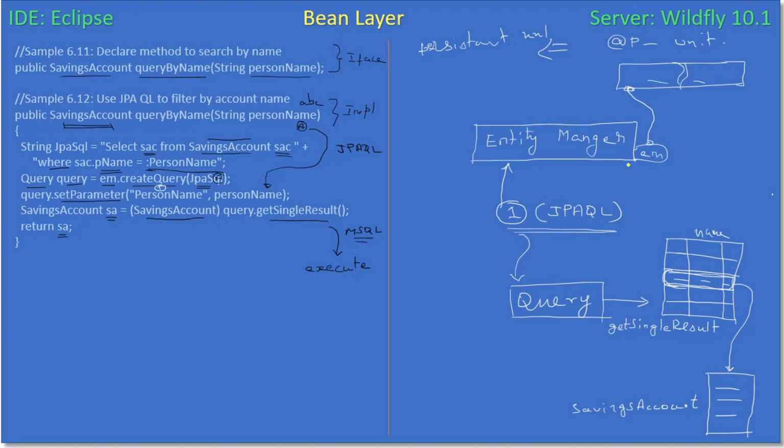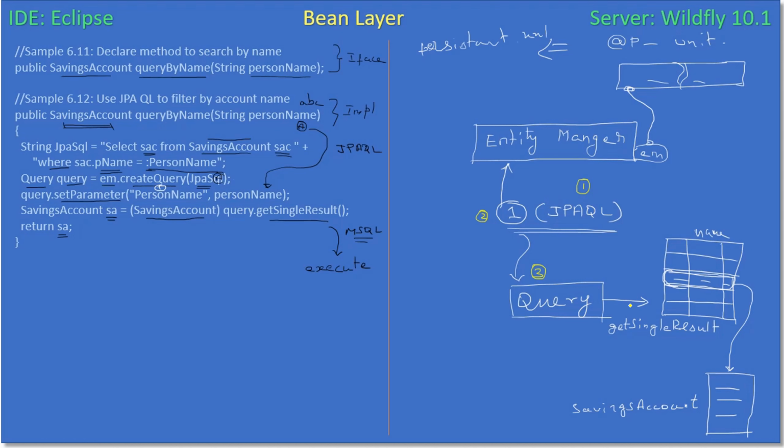So the sequence goes like this. First we form our JPAQL, then using the set parameter we will replace the dynamic fields. After that we make a call to create query. The create query call on the entity manager will return a query instance. Once the query instance is in hand, we set the parameter.